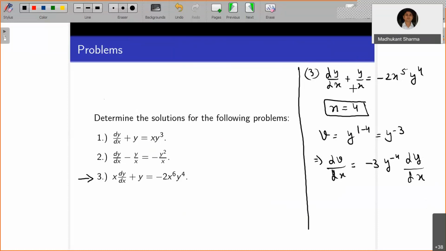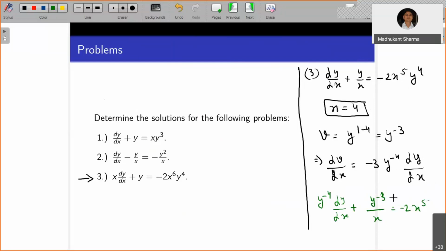Now if you multiply both sides by y to the power minus 4, you will have y to the power minus 4 times dy by dx plus y to the power minus 3 by x equals minus 2x to the power 5.